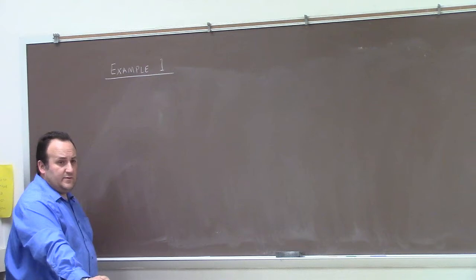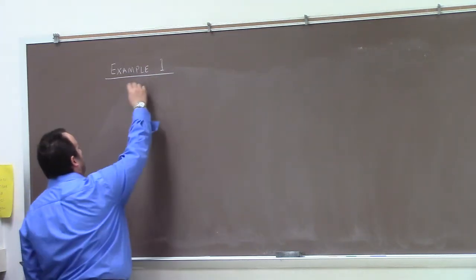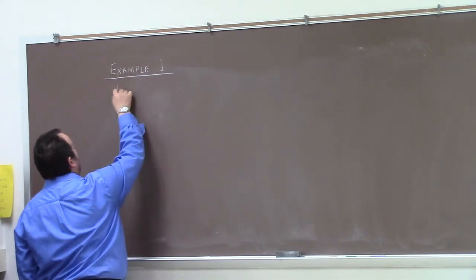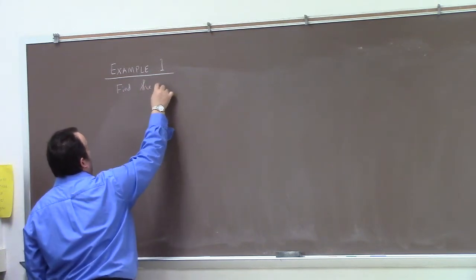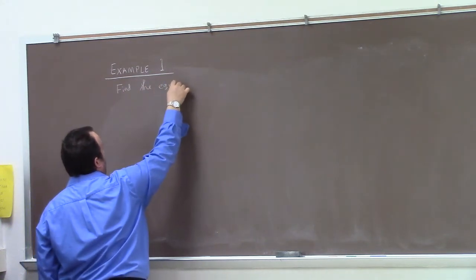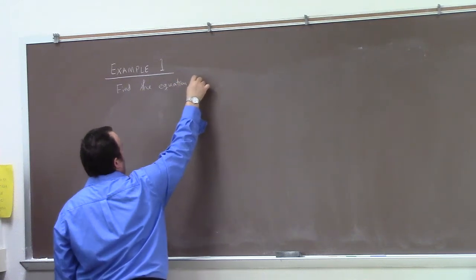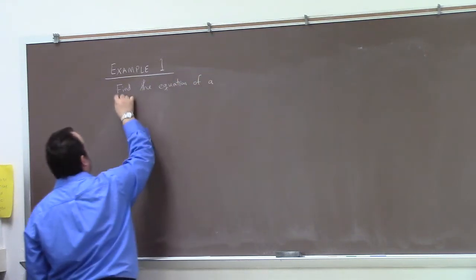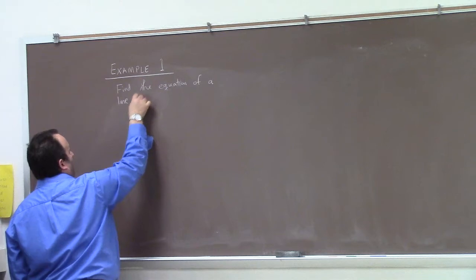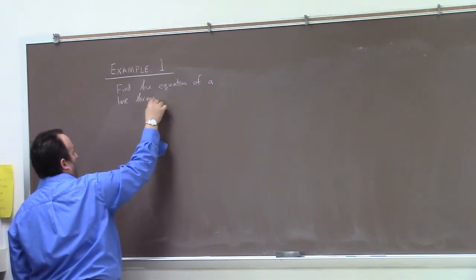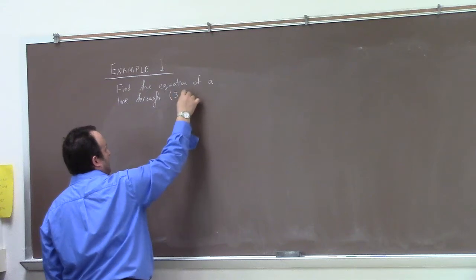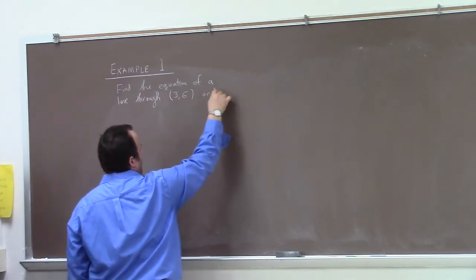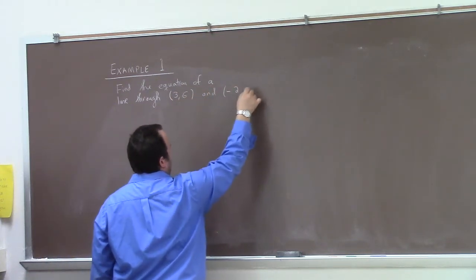So I'll start with this. Let's find the equation of a line that goes through the following points, (3, 6) and (-2, 8).